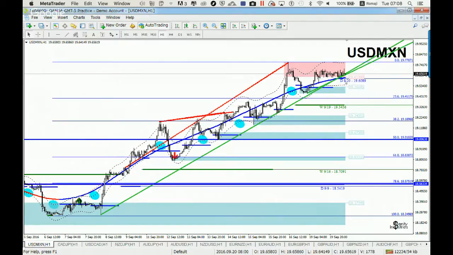If I get a large candle that closes beneath this box and closes in the sell direction, I'm going to take a trade on this pair. Our targets will be the 50% Fibonacci retracement and the monthly pivot that's right below the 78.6% Fibonacci retracement level. So I think we're getting close to a trade on this pair.